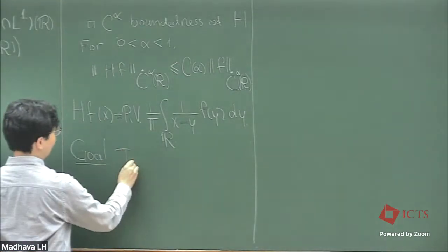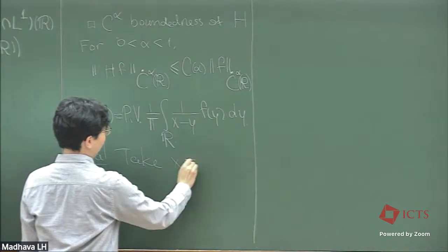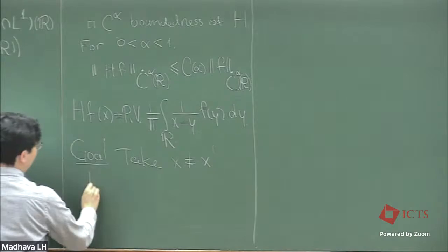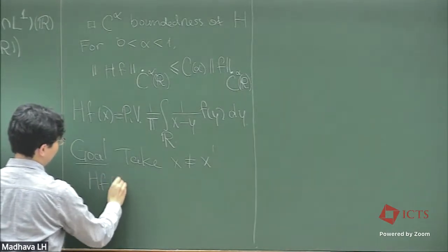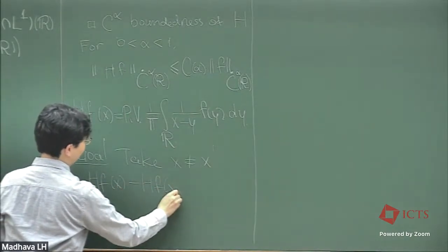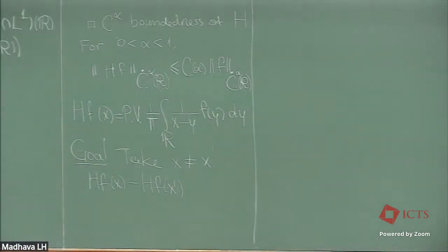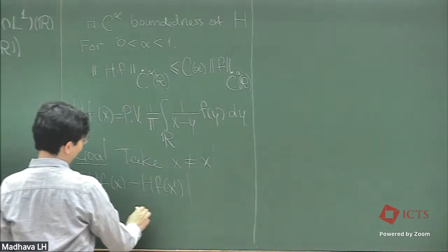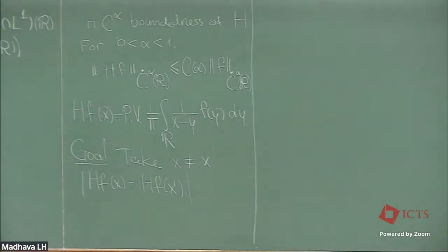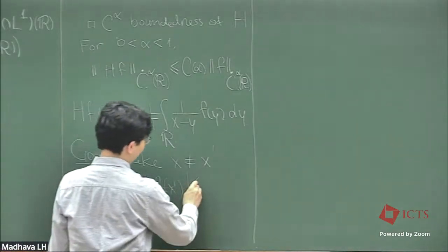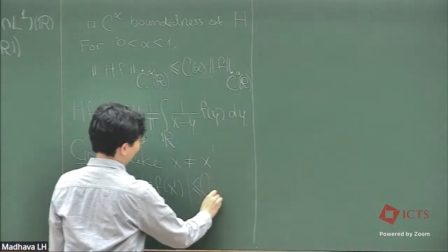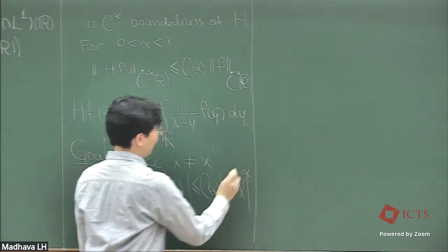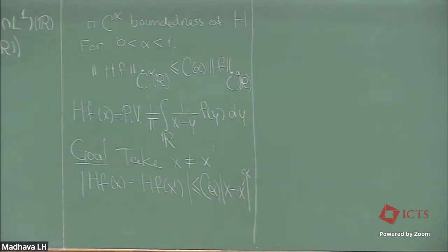Take 2 points, x and x prime, in the real line, and we want to show that HF(x) minus HF(x prime) divided by x minus x prime to power alpha is bounded. In other words, this is bounded by some constant times x minus x prime to power alpha.